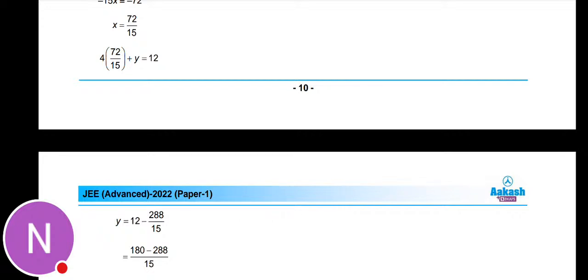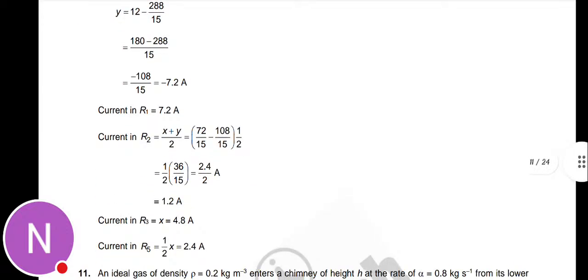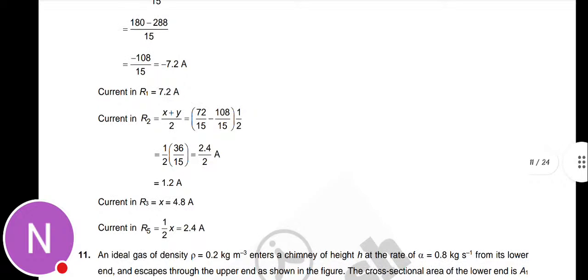Taking this to the 12 side, y is equal to 12 minus 288 by 15. So 180 minus 288 by 15, that is minus 108 by 15, that is equal to 7.2 ampere. So current in R1 has a minus sign, and if we cancel it we will get plus. Therefore the current in R1 is 7.2 ampere.